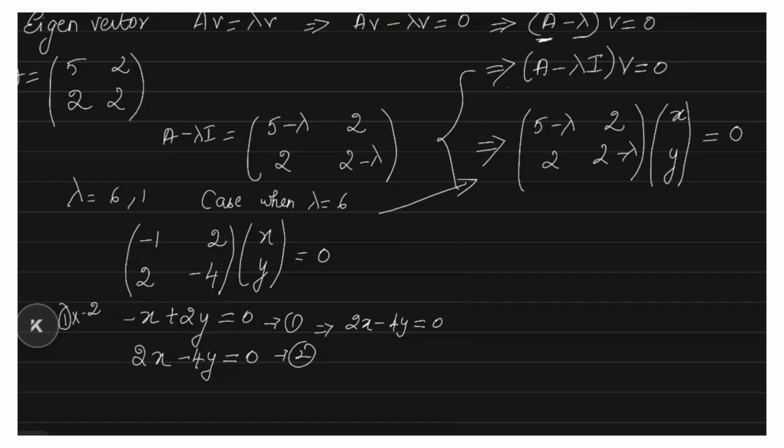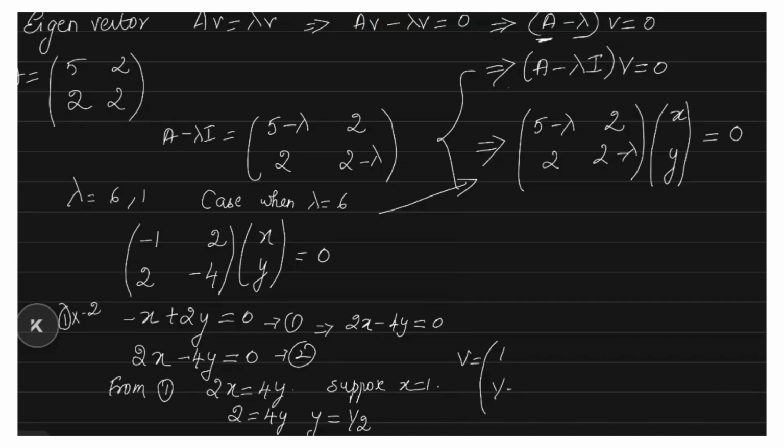From equation 1, you will have 2x is equal to 4y. Suppose x is equal to 1, then 2 becomes 4y, so y takes the value 1 by 2. Now your vector is represented as 1 and 1 by 2.